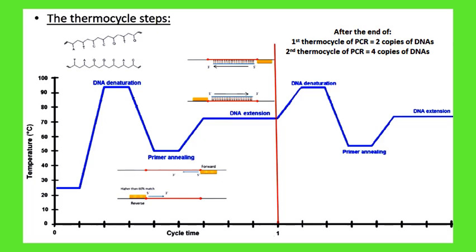Then the temperature goes up again to about 72 Celsius to carry out the elongation or extension step, which is performed by the action of Taq polymerase enzyme to build up new nucleotides in the direction from 5 prime to 3 prime in both new strands.